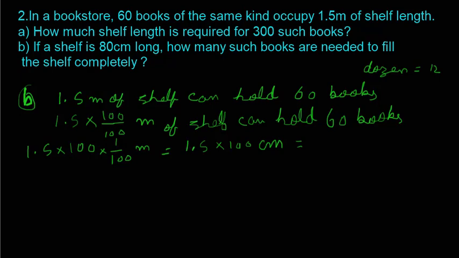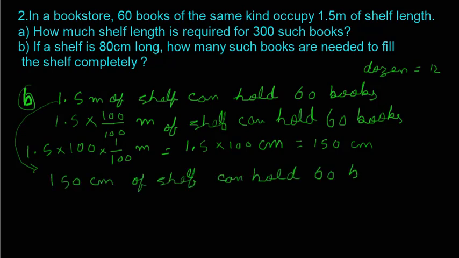So taking this point to the right side of this 5, it will become 150 centimeter. So 150 centimeter is equal to 1.5 meter. So let me write this statement again: 150 centimeter of shelf can hold 60 books.